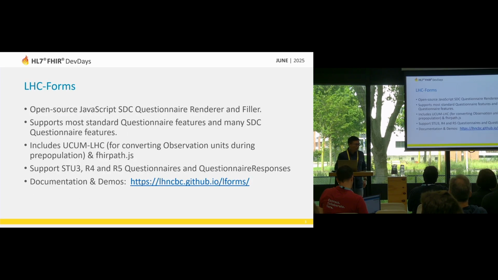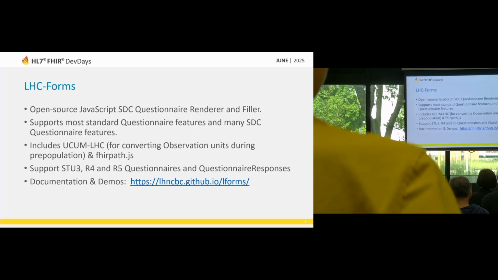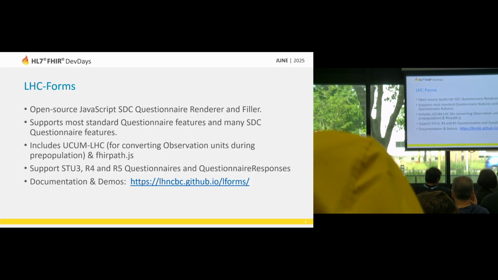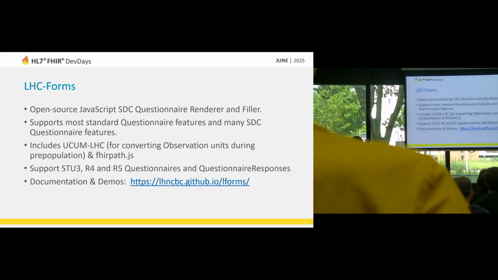So the first thing is what we call the LHC-Forms. It's an SDC questionnaire renderer and also a filler. We started this project about 10 years ago, originally designed for the LOINC panels. Then we switched to support questionnaires. It's released as an open source package and published on GitHub.